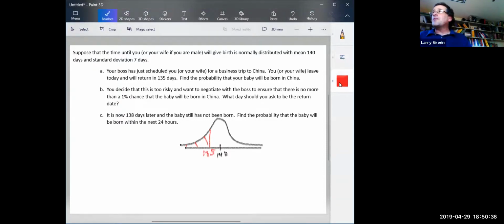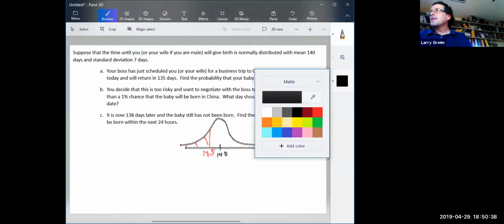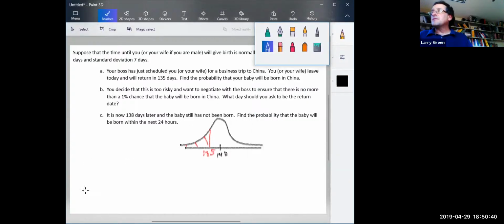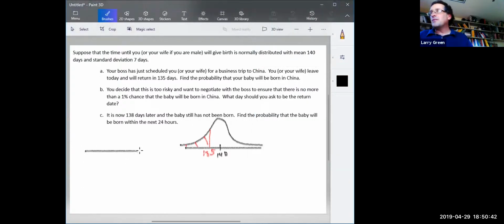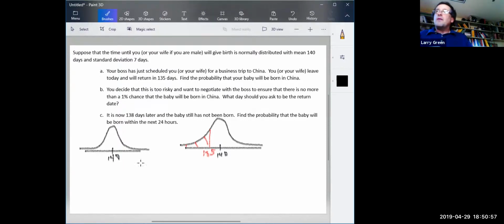Okay, so for this one, we're going to draw the picture. That's always true on all of these. We still have the mean is 140. We want to find a 1% chance that the baby will be born in China.